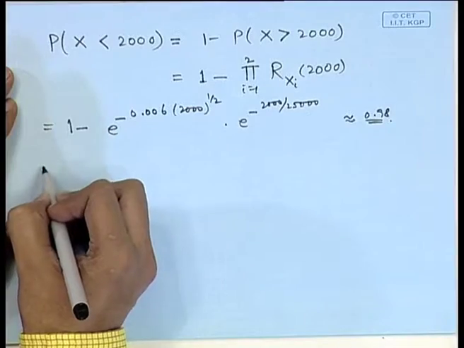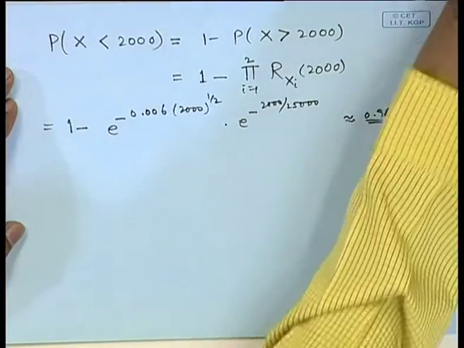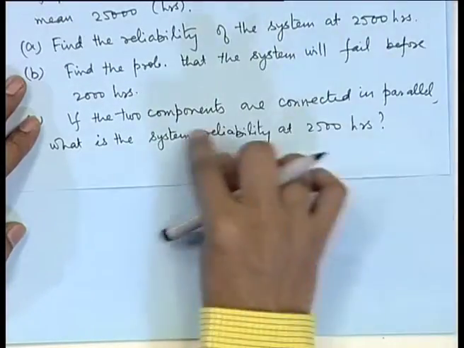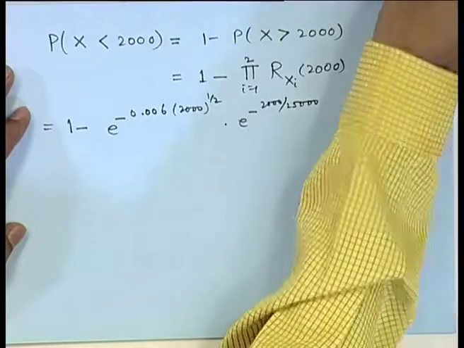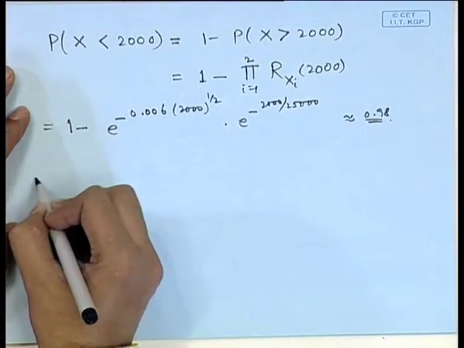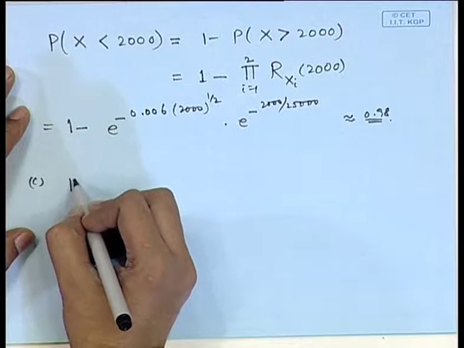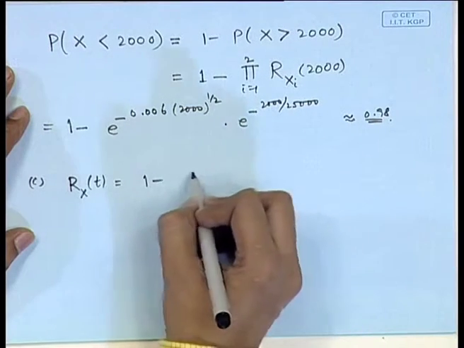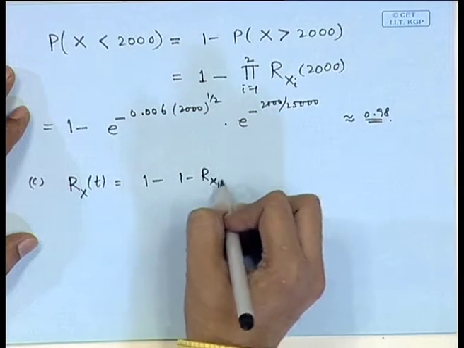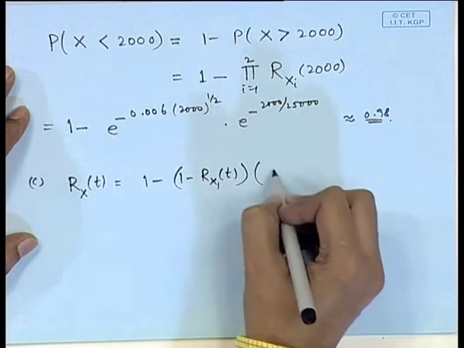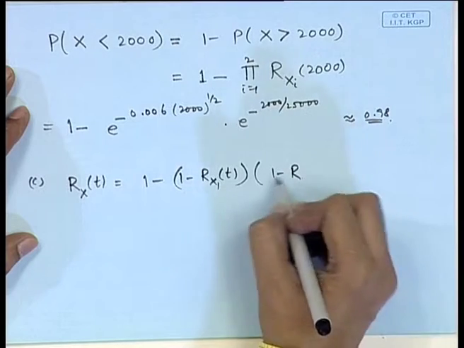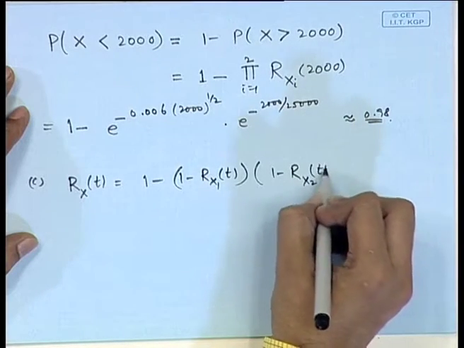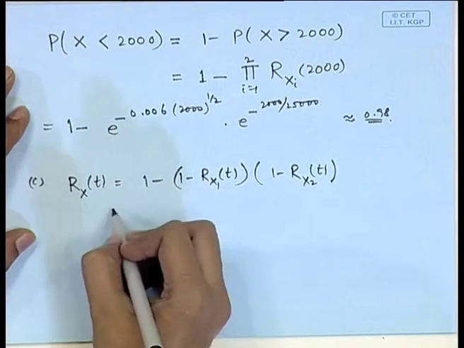In the third part, if the two components are connected in parallel, what is the reliability? If the components are connected in parallel, then the reliability of the system is given by 1 minus the reliability of X1 into 1 minus the reliability of X2.